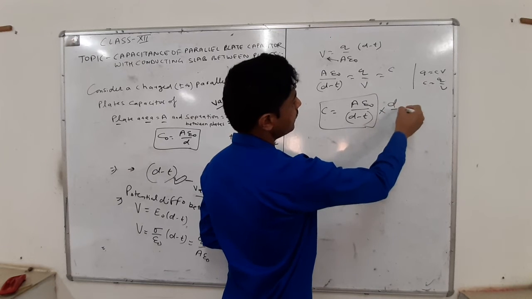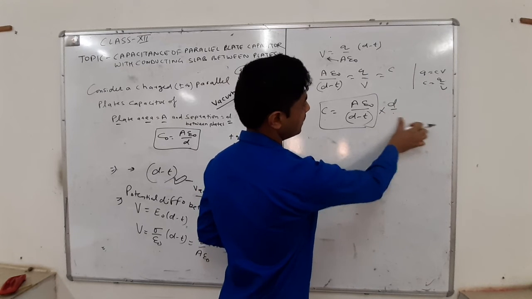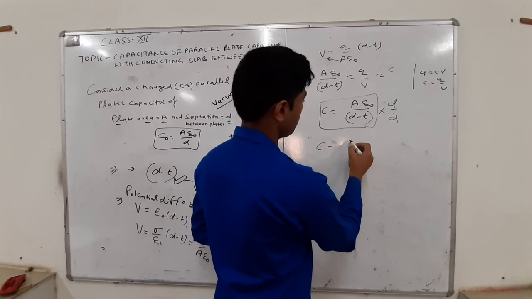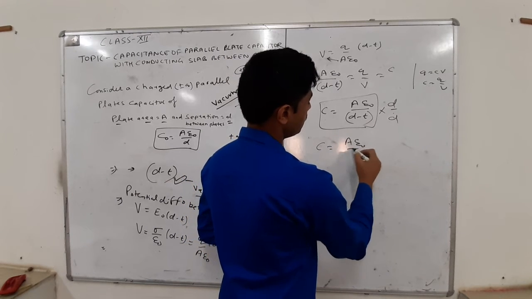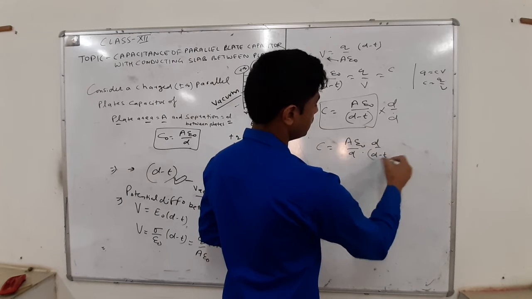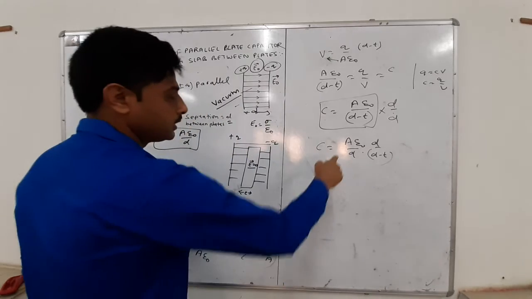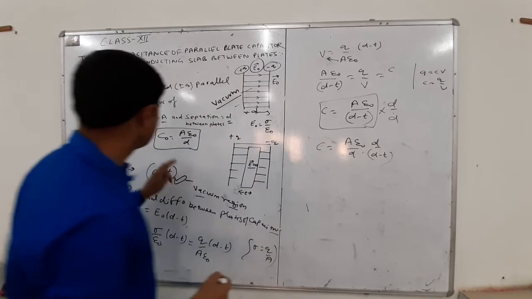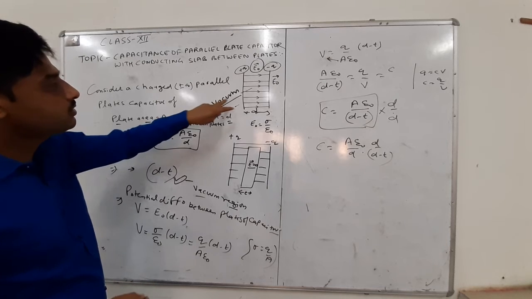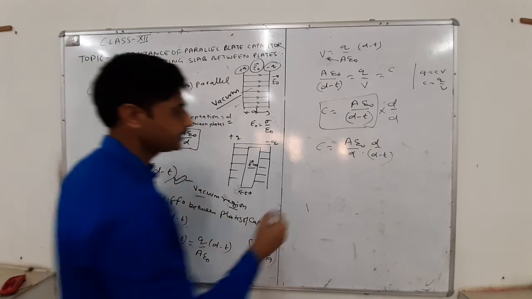When we multiply and divide by D, C equals A epsilon naught upon D times D upon D minus T, and A epsilon naught upon D is the value of capacitance when there is a vacuum between the plates.